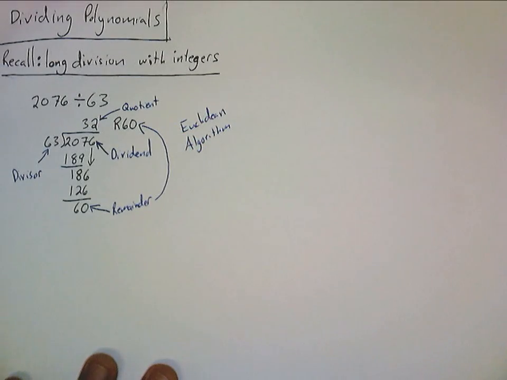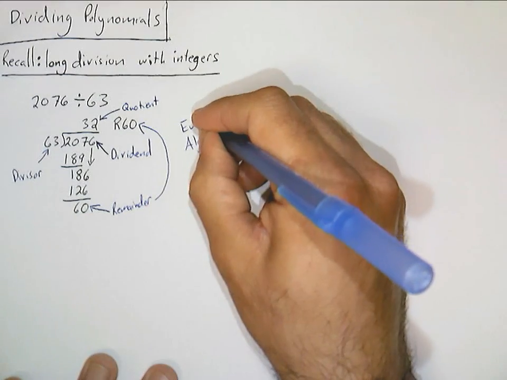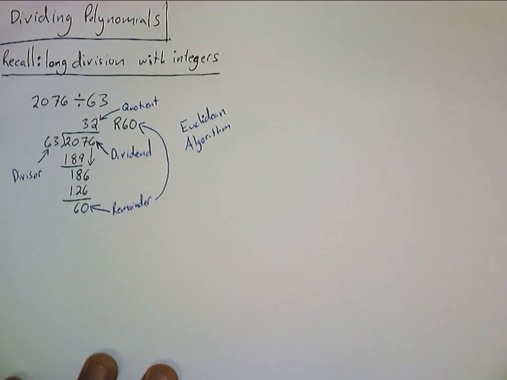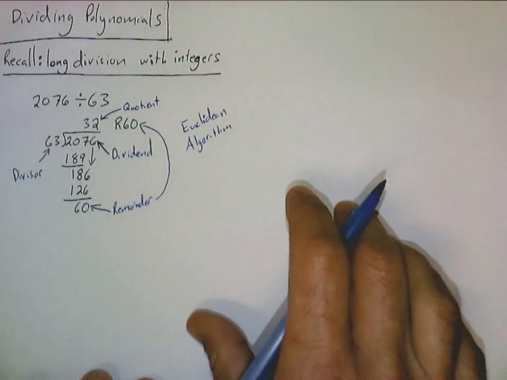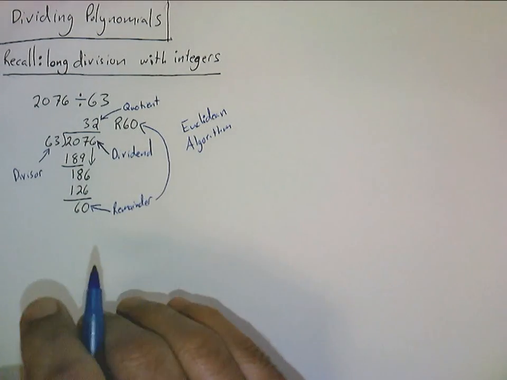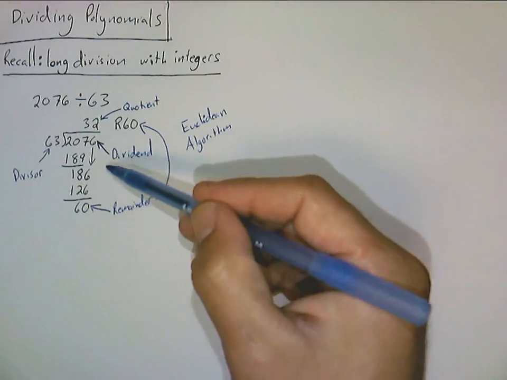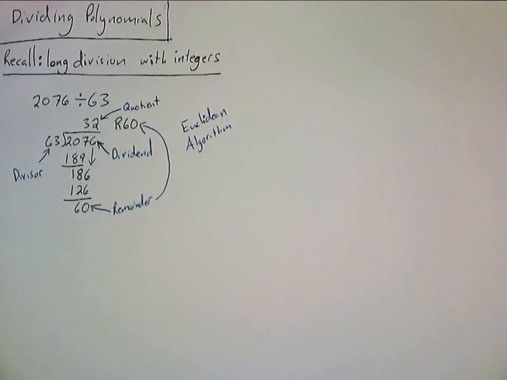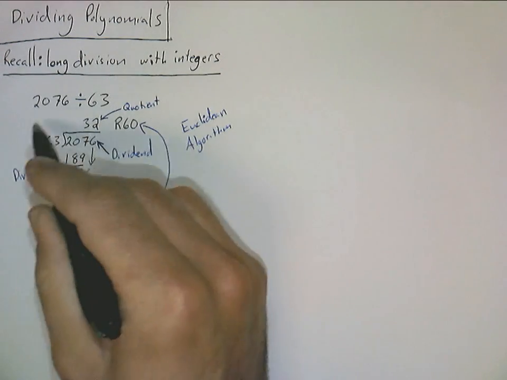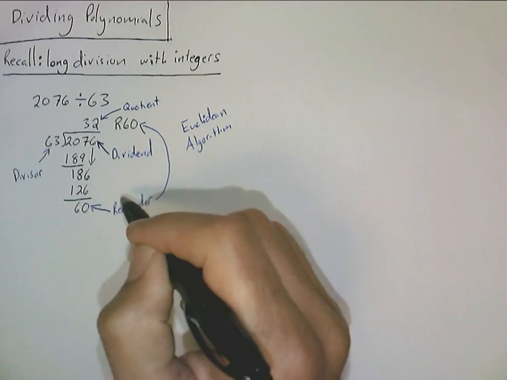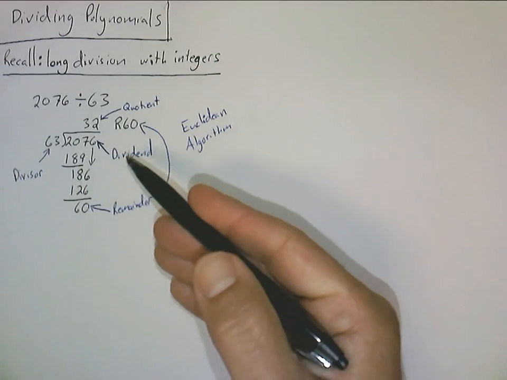It's named after the Greek mathematician Euclid, and usually if we name something after a mathematician, then it's usually pretty important, and it actually is. We're not going to go into it too much, but it's neat that the polynomials actually do have this same Euclidean algorithm as the integers do.